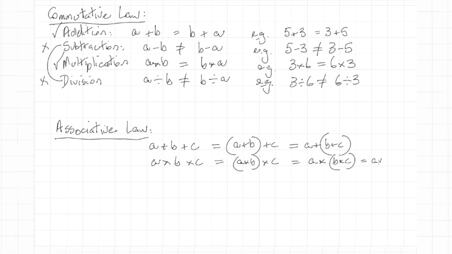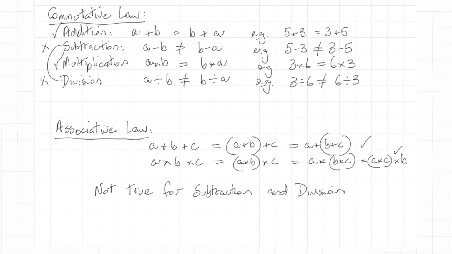And it's also equal to (A times C) times B. Okay, so the associative law, when we've got three numbers connected by addition, works. When we've got it by multiplication, it works. Not true for subtraction and division.